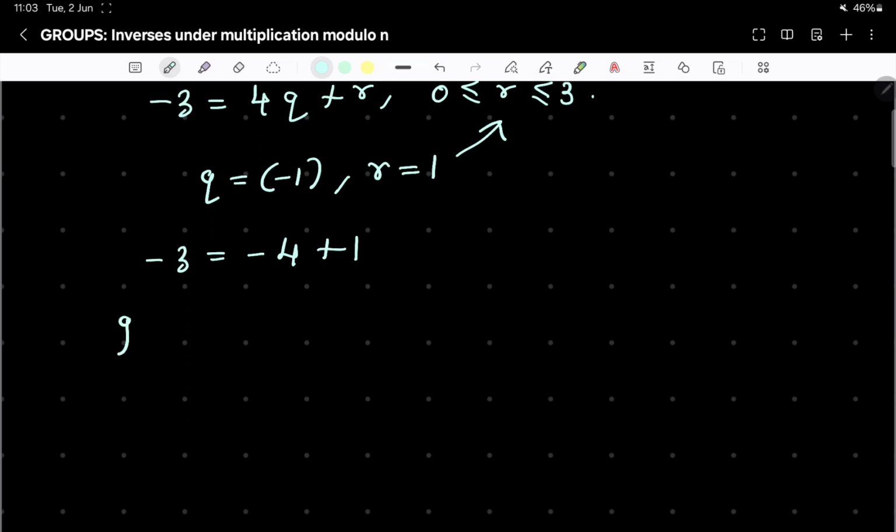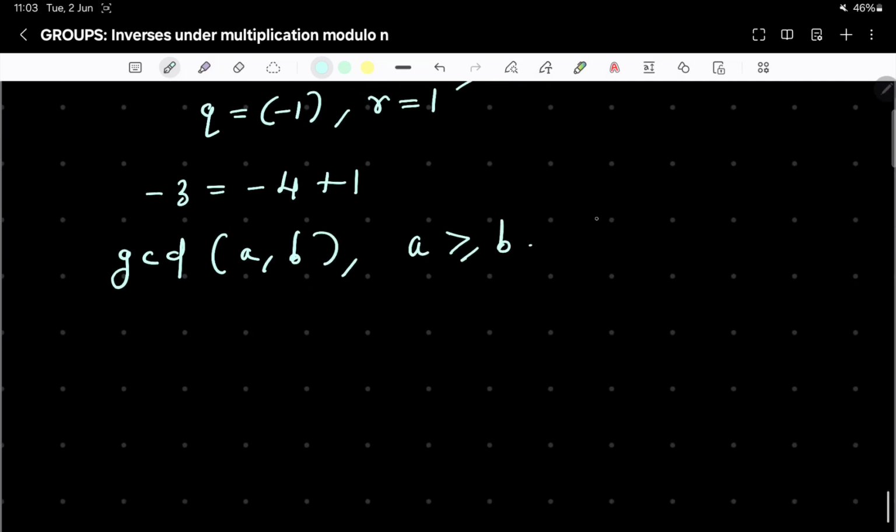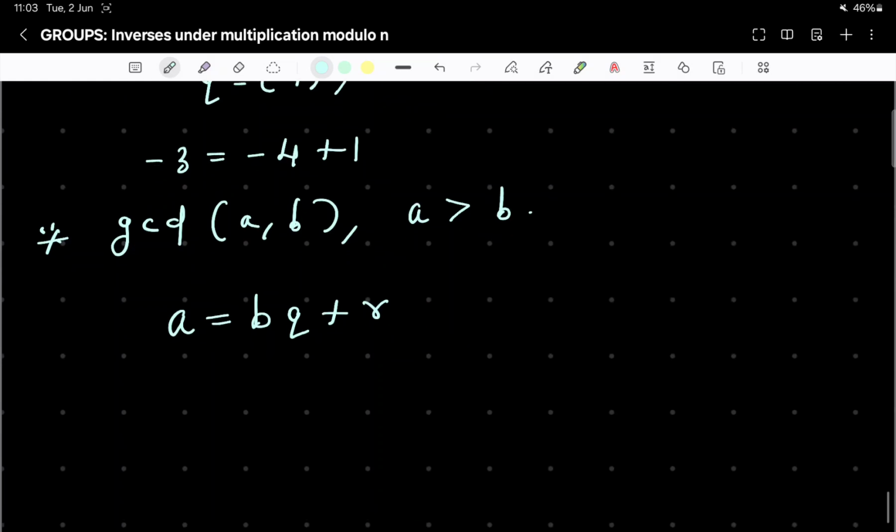For the GCD of two numbers, assume A is greater than or equal to B. If A equals B, the GCD is A only, which is not interesting. So let's take A greater than B. Then we write A equal to BQ plus R.